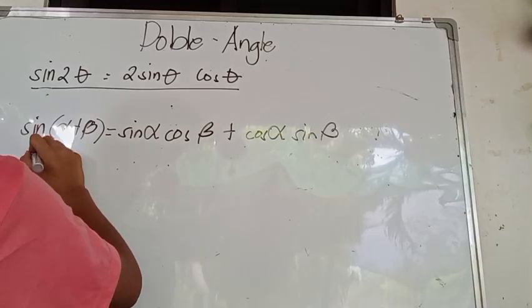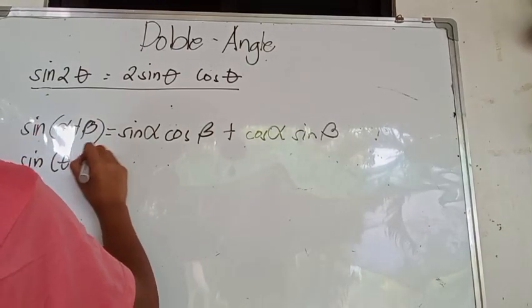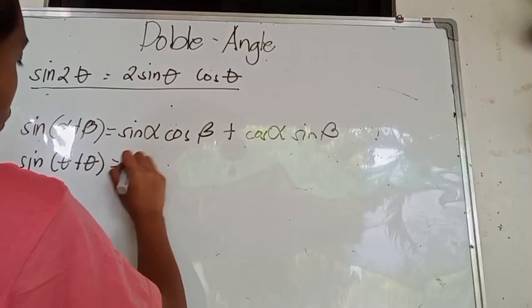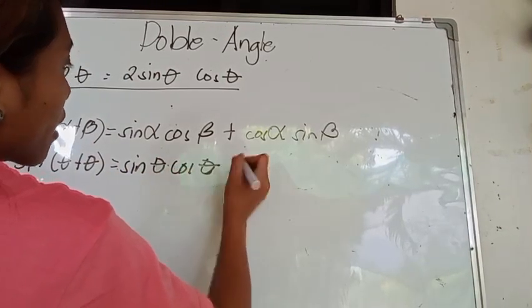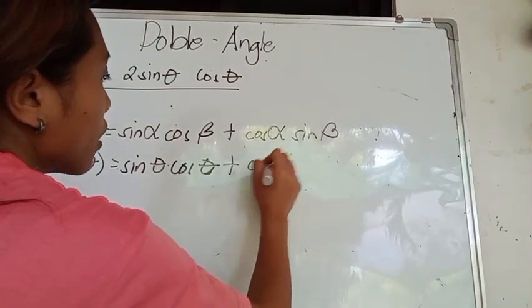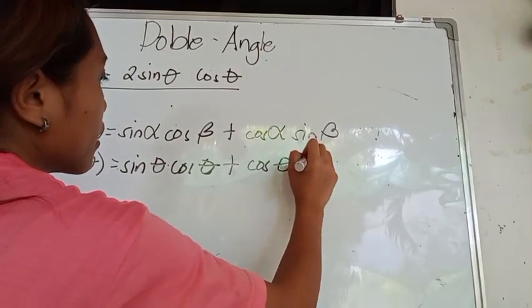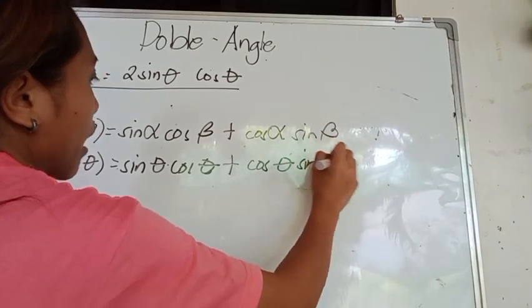Sine of theta plus theta is equal to sine theta cos theta plus cos theta sine theta.